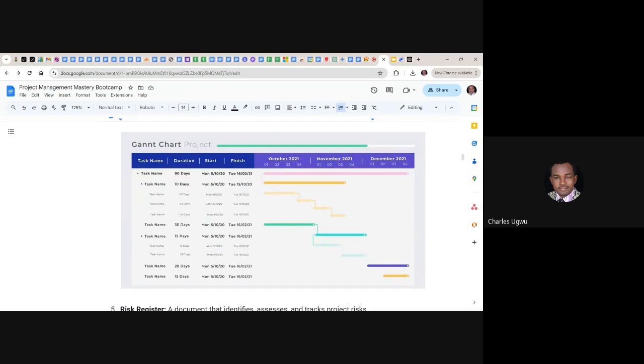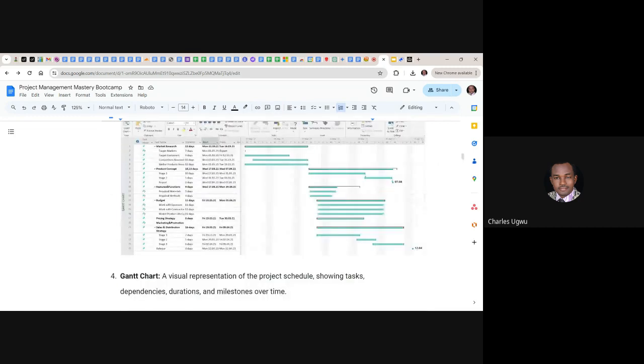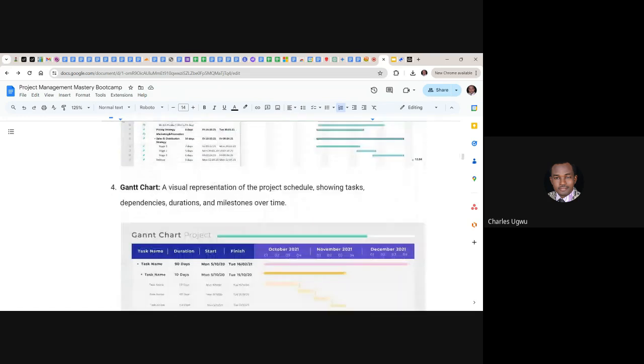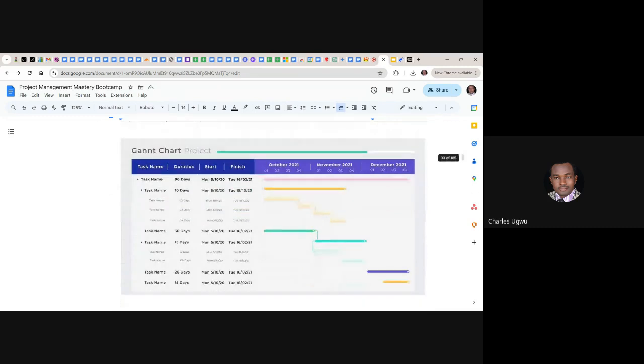You see the one I captured in Microsoft Project. This is another Gantt chart. There are so many applications, but this is just to show you how a Gantt chart looks. It's a kind of inbuilt technology in so many project plan tools.